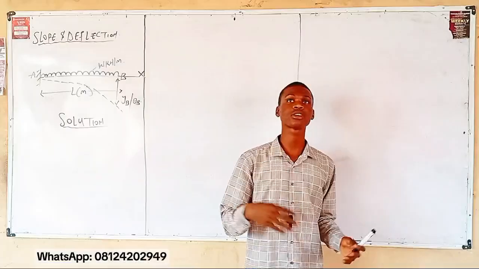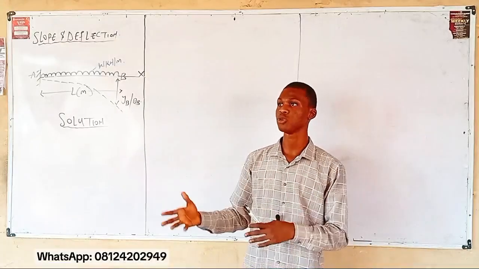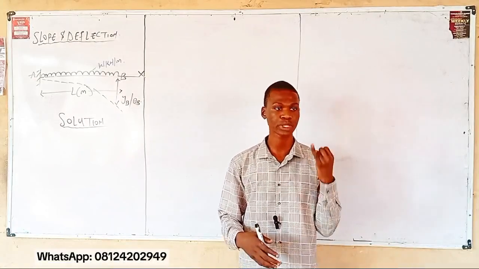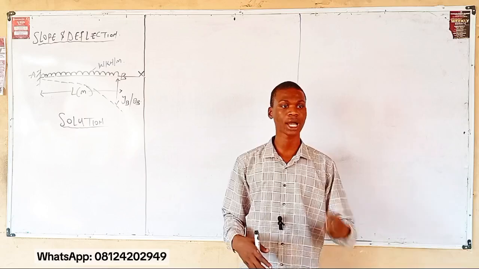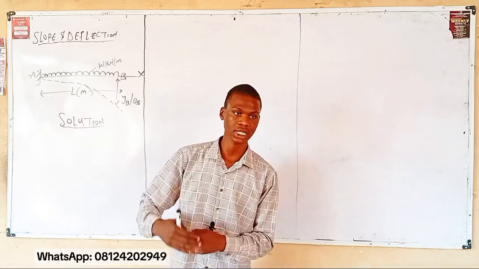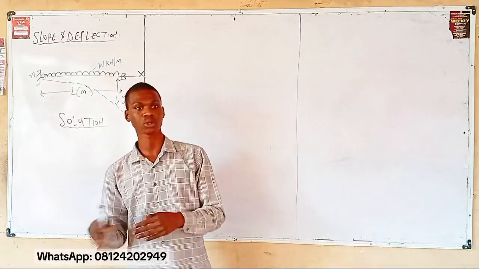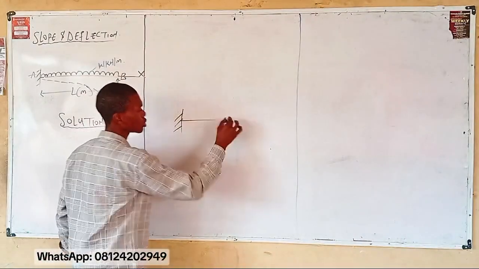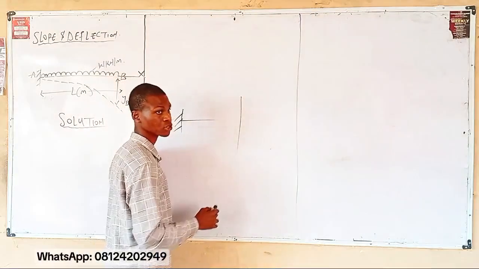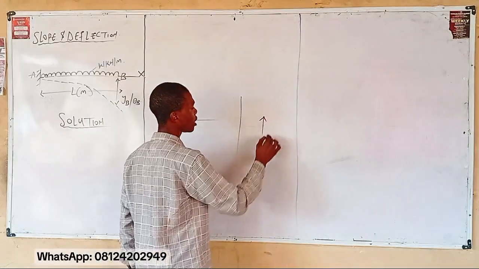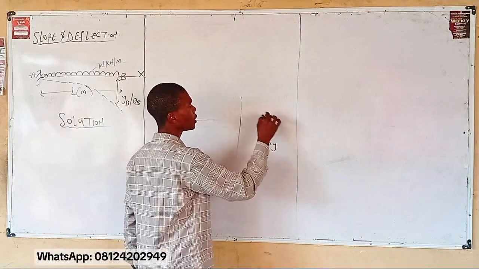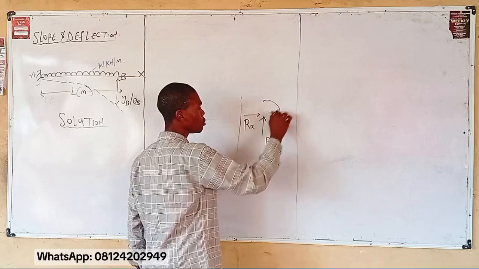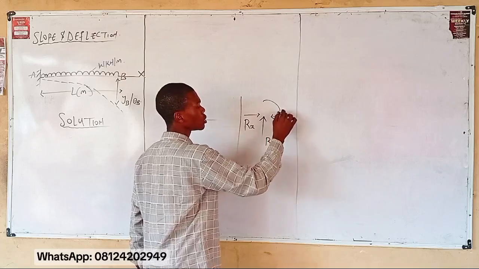Now, recall, when we discussed the types of support, beam, and load, for your support, we said basically we have 3 types of support. We have the pin support, the roller support, and the fixed support. These supports have their respective reactions. For a fixed support, the reaction becomes 3 reactions. You have the reaction for the vertical, Ry, for the horizontal, Rx, and of course, a moment about that particular point.